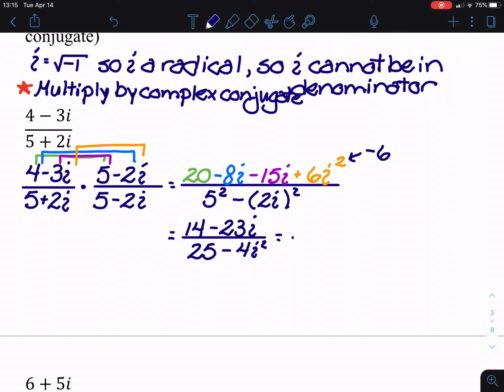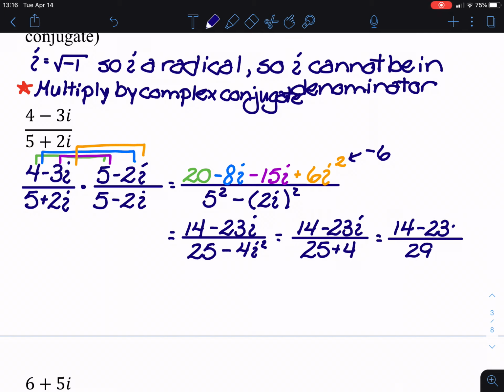So in other words, I'm going to have 14 minus 23i over 25 plus 4, which is equal to 29. So 14 minus 23i over 29.